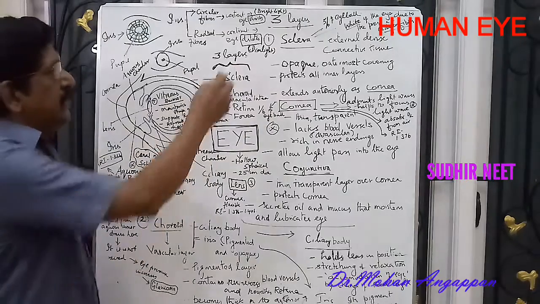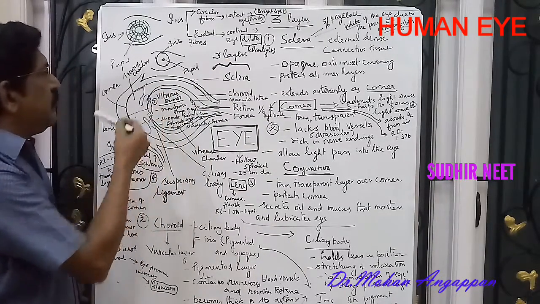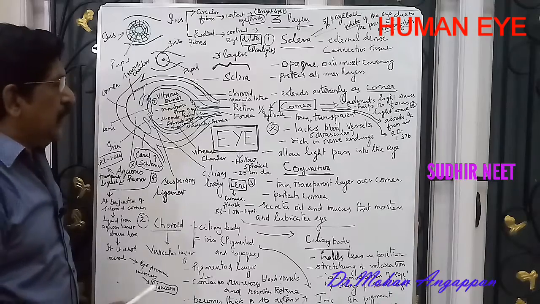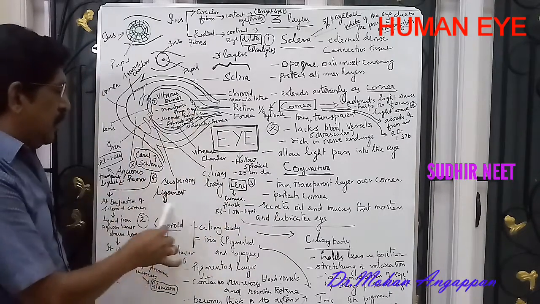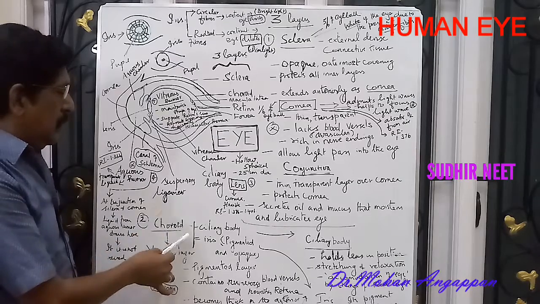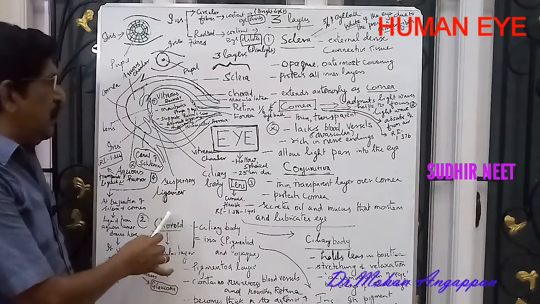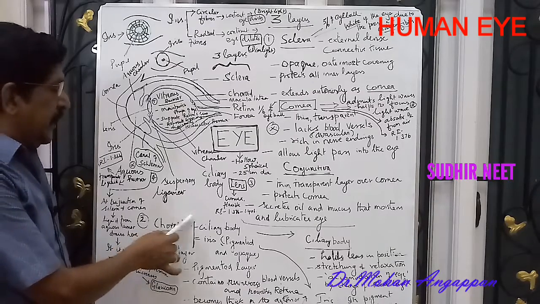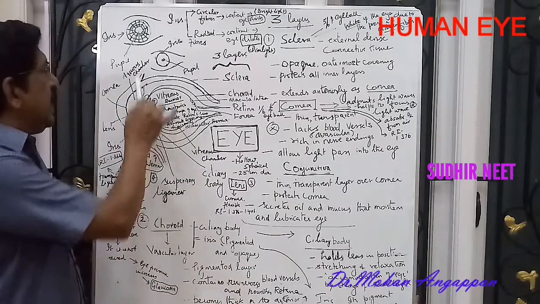So far we have seen the sclera and its extension cornea in front and conjunctiva, and then the second layer choroid. Cornea is avascular, choroid is vascular, you must remember, and then choroid contains the ciliary body and iris.